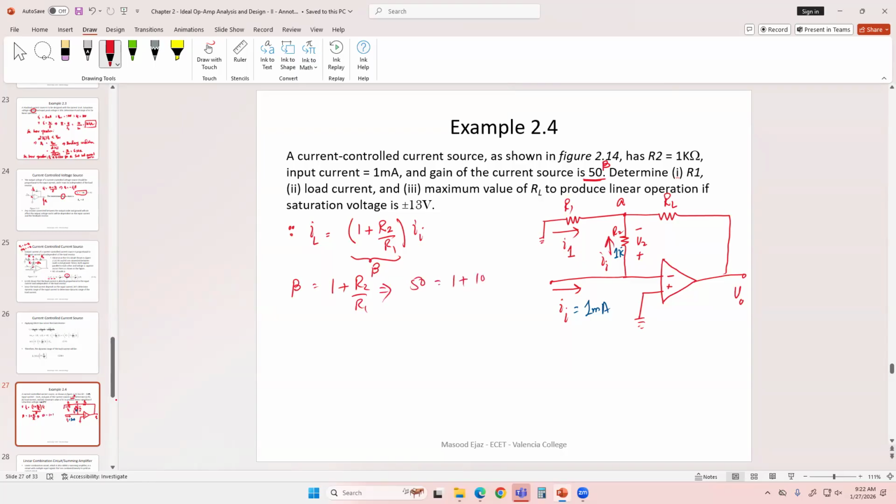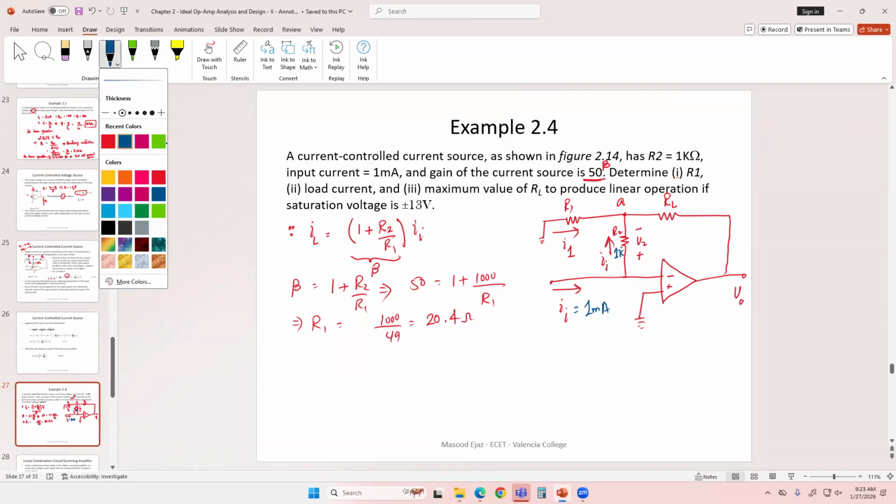R2 is given as 1K, and we have to find R1. So go ahead and see what is the value of R1. 49, 1000 over 49, 20.4 ohms. So this R1 is going to be 20.4 ohms.